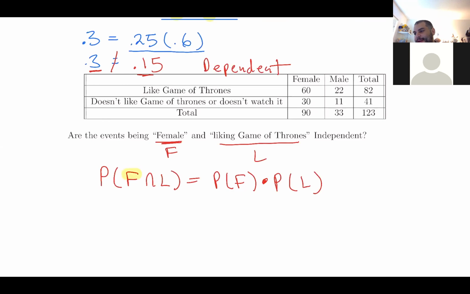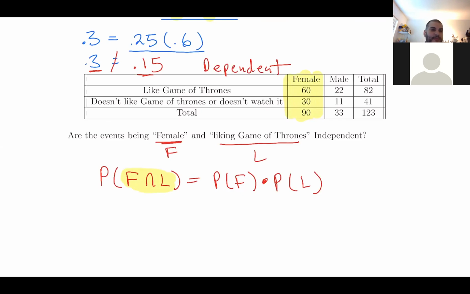All right, let's find these individual probabilities. First, we're going to find how many females like Game of Thrones. The easy way to do it is to think about where they intersect. First, how many females? Females are over here, so that's how many total females I have.